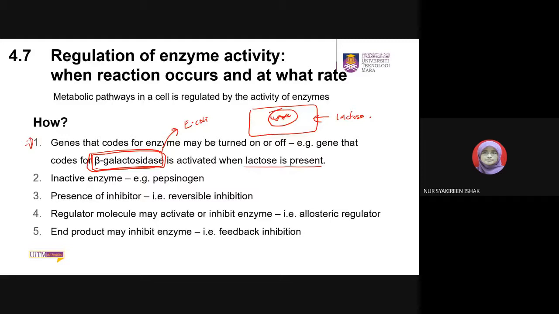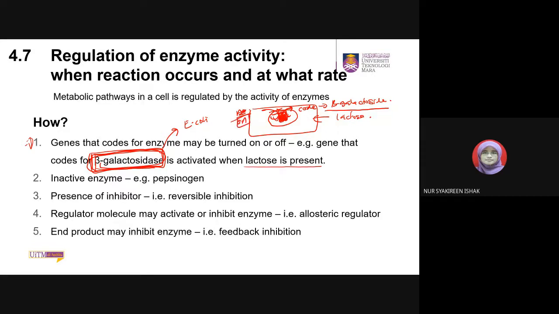Within the E. coli DNA molecule, there is a segment of the DNA, a gene, that is used to code for the synthesis of the enzyme beta-galactosidase. This is the region on the DNA that will code for the synthesis of the enzyme beta-galactosidase. This gene can only be turned on.